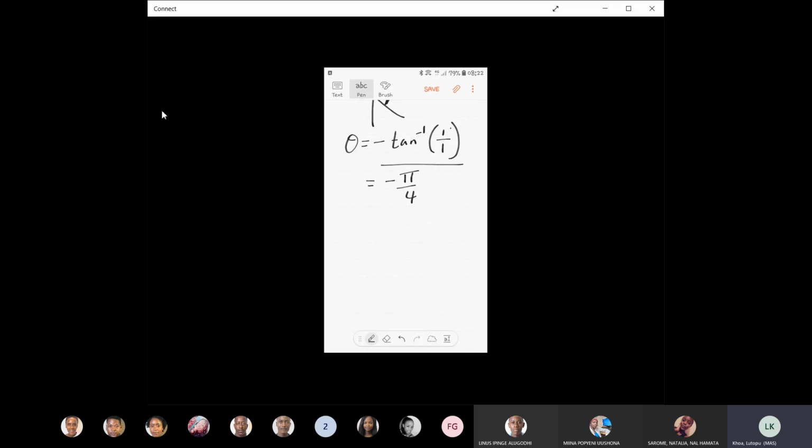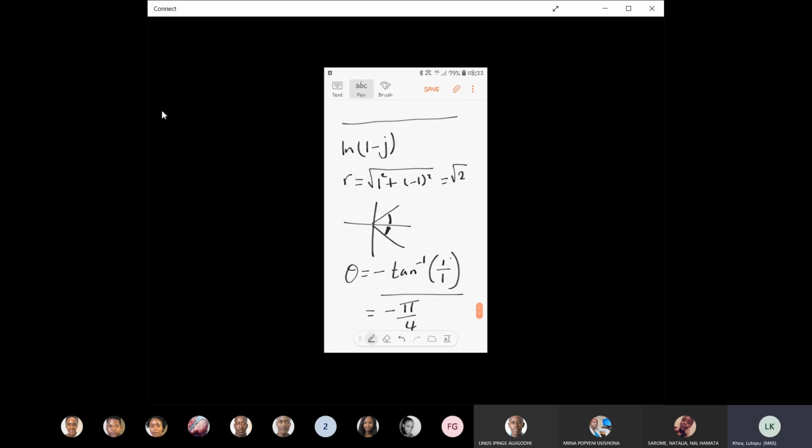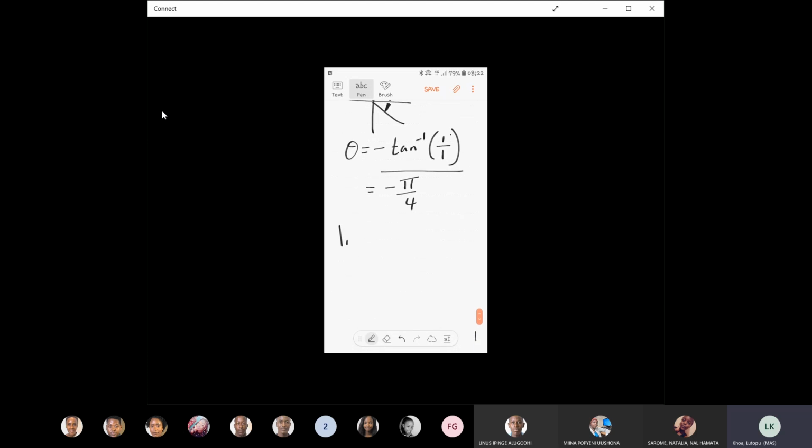So I am taking, let me see my question. Okay, so I'm taking ln of the square root of 2, and then e to the power of minus pi over 4 times j. Then I will have ln of square root of 2 minus pi over 4 j, and I work it out.